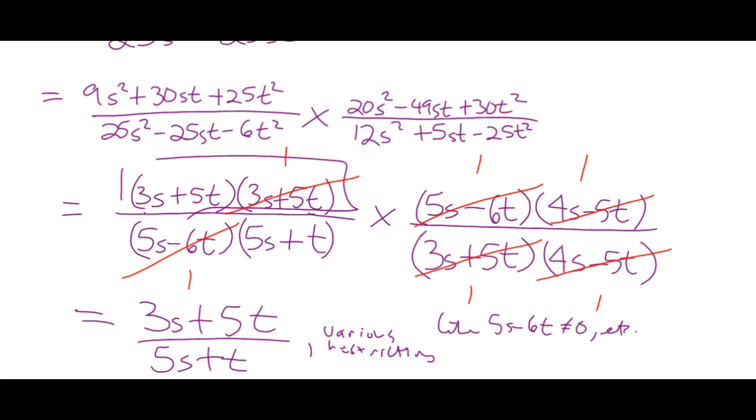Don't solve it from there. I mean, you could, because you could write 5s can't be 6t, and s can't be 6/5 t. But then there's a lot of numbers it can't be.